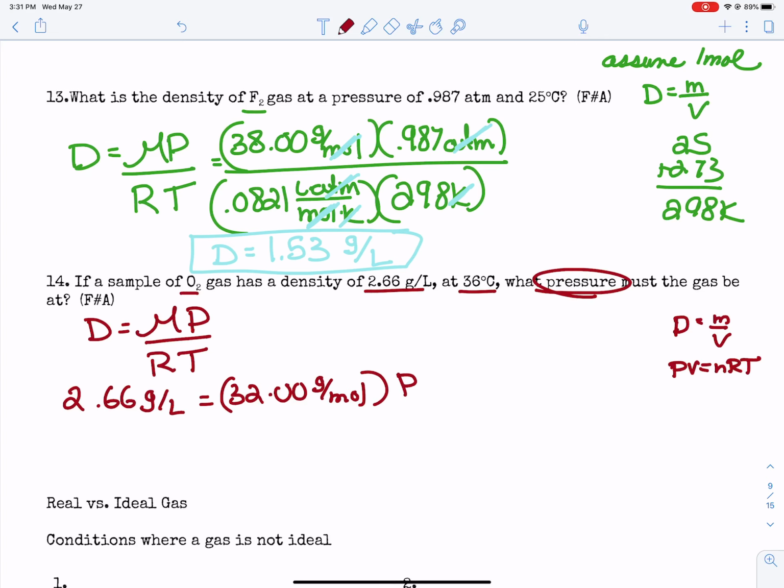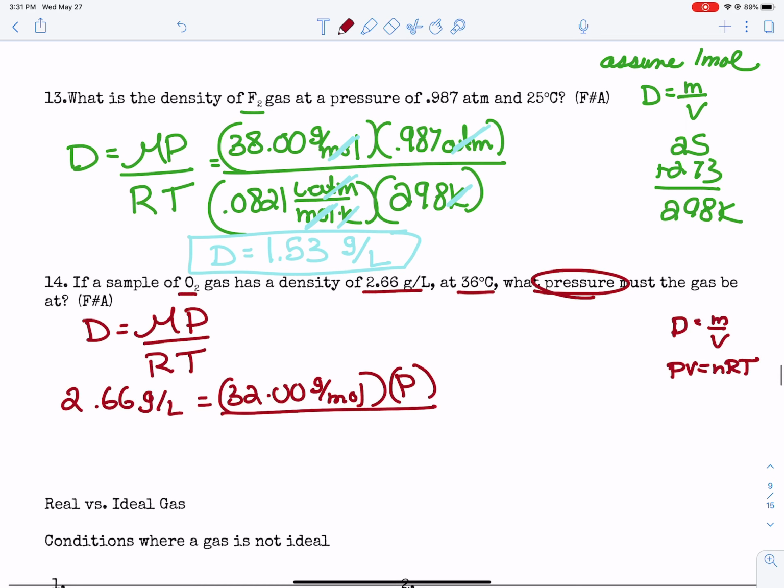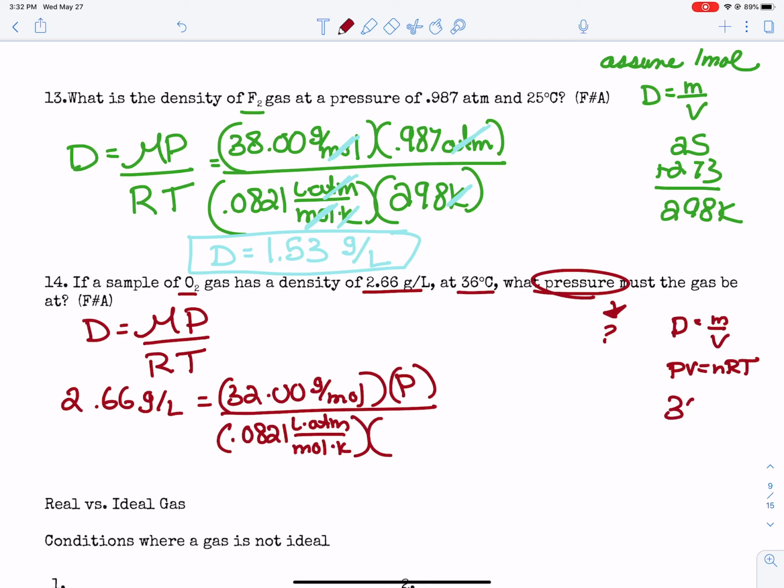The pressure is what I want to solve for. The gas constant, see, this question doesn't tell me what unit the pressure needs to be in, so any one unit would be right. I usually do 0.0821. It's the one that goes with ATM, and ATM is the unit most used in chemistry. And then the temperature is 36 plus 273, or 309 Kelvin.